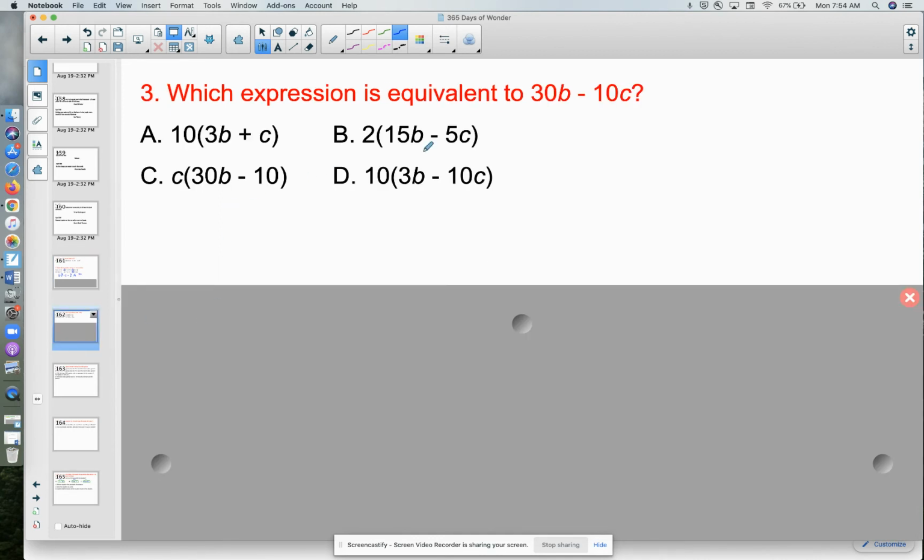Number 3, which expression is equivalent to 30b minus 10c? All right. Let's do A. 10 times 3b is 30b. 10 times c is 10c, but it's a plus sign.